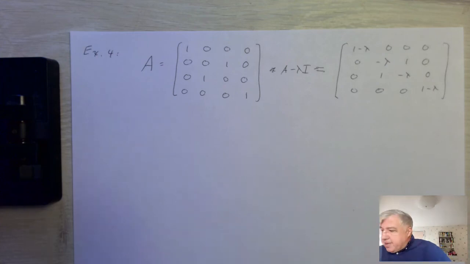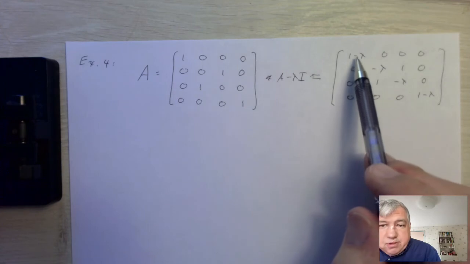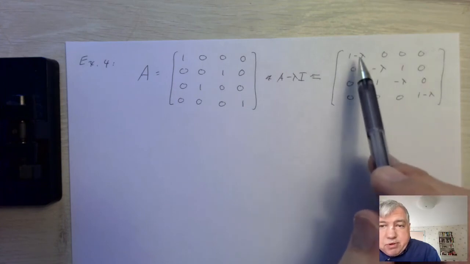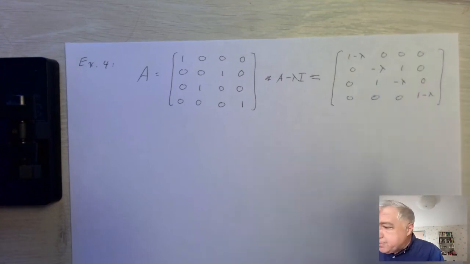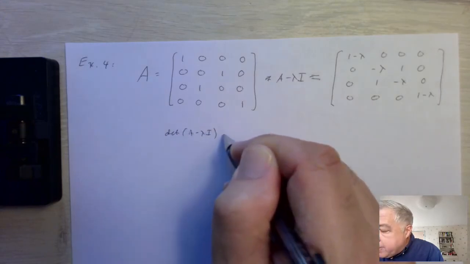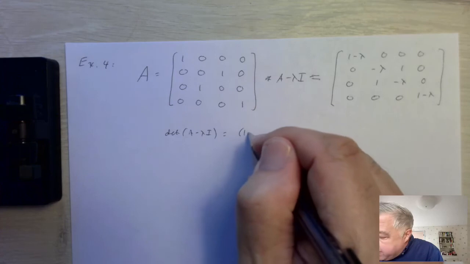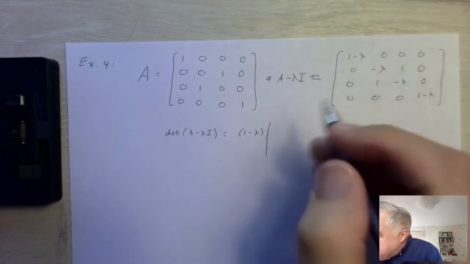If we take the determinant of this, the easiest way is to expand along the top row or the first column, because almost everything is 0. So the determinant of A minus lambda I will be 1 minus lambda times the determinant of this 3x3 matrix.